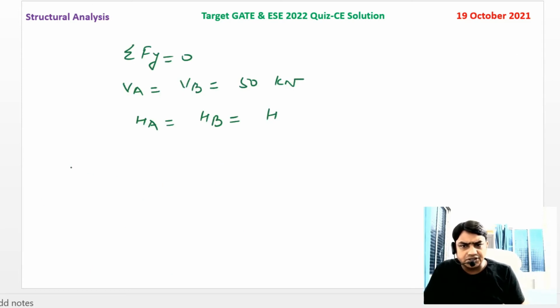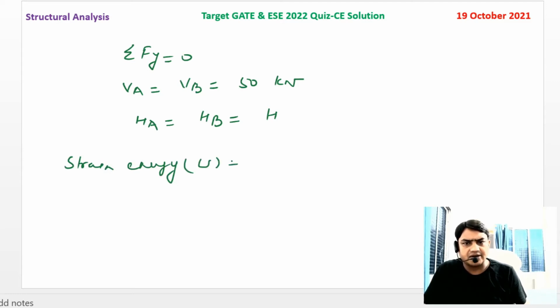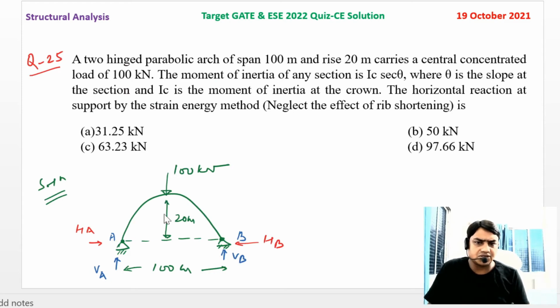So strain energy U can be written as follows. This is symmetric about the center, so let us assume this distance is x and this is y.